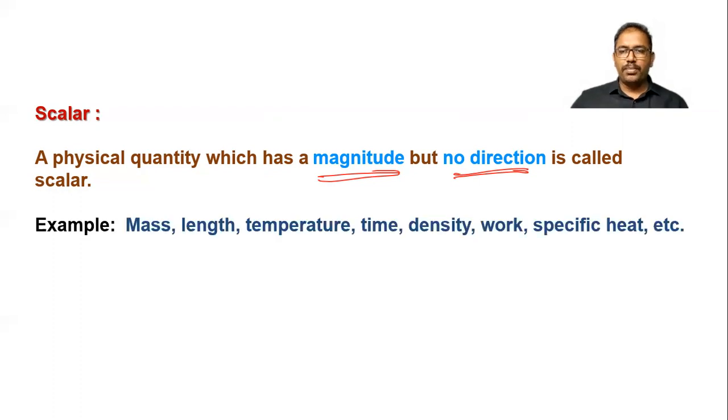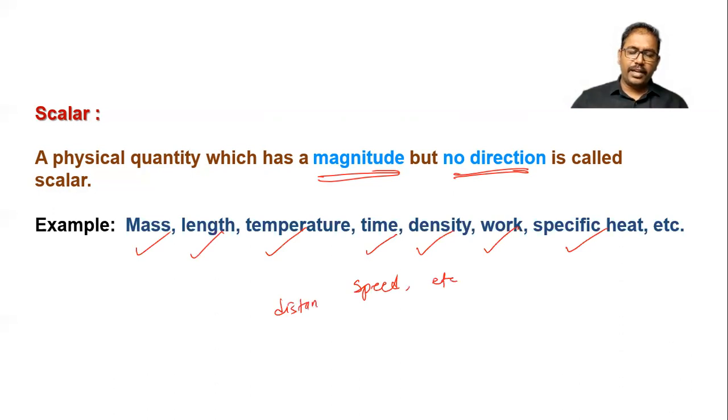Examples of scalar quantities are mass, length, temperature, time, density, work, specific heat, speed, distance, etc. Many examples we can write. So these are the examples of scalars.